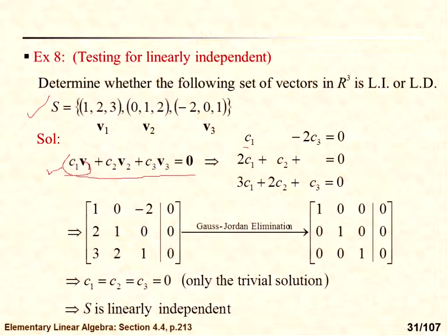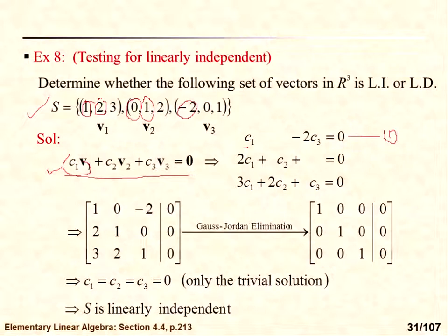First I write c1v1. This is c1 multiplied by 1, c2 multiplied by 0, and c3 multiplied by -2. So this is our equation number 1.